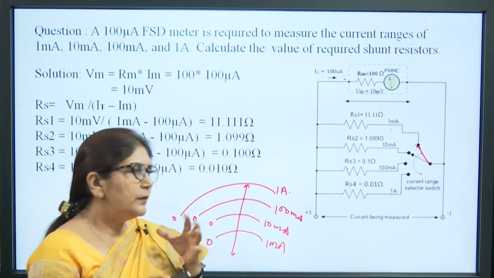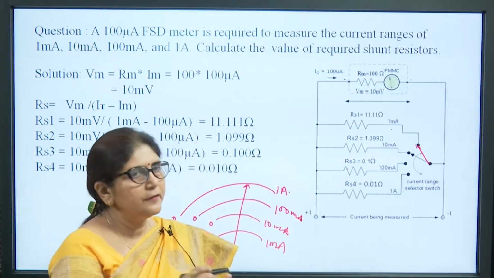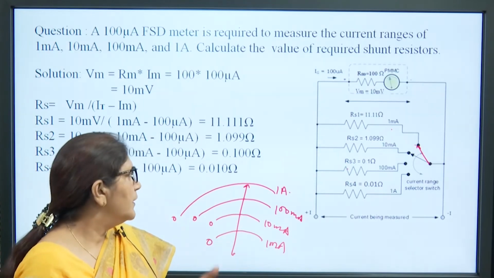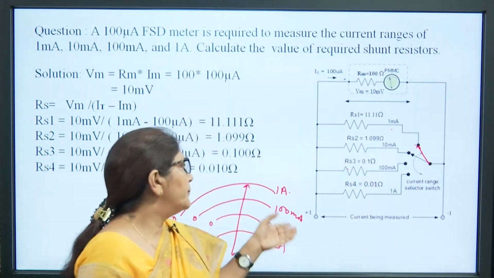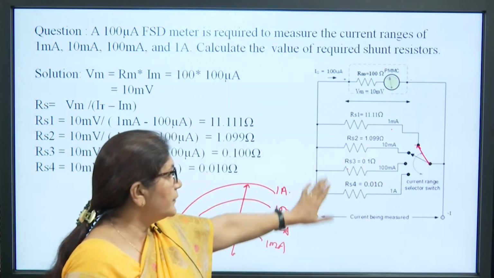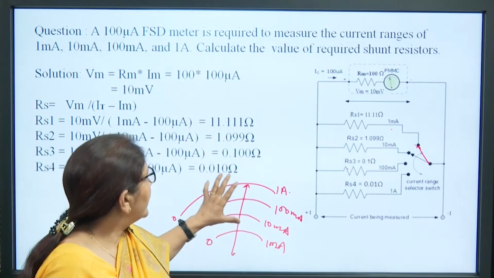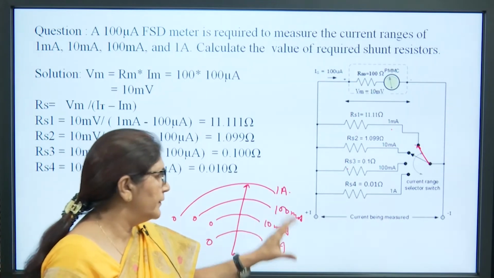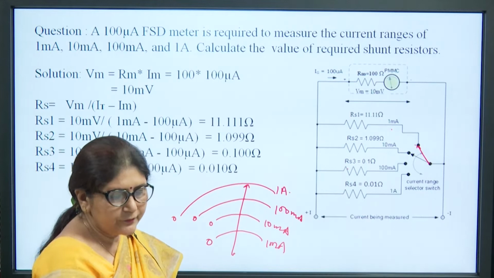So, what we can say is that the accuracy of measurement depends on this resistance, because these resistances have some plus minus tolerance values. The resistance value is changing very much, which is why this type of arrangement is not preferred, because there is so much difference in the values of resistances.